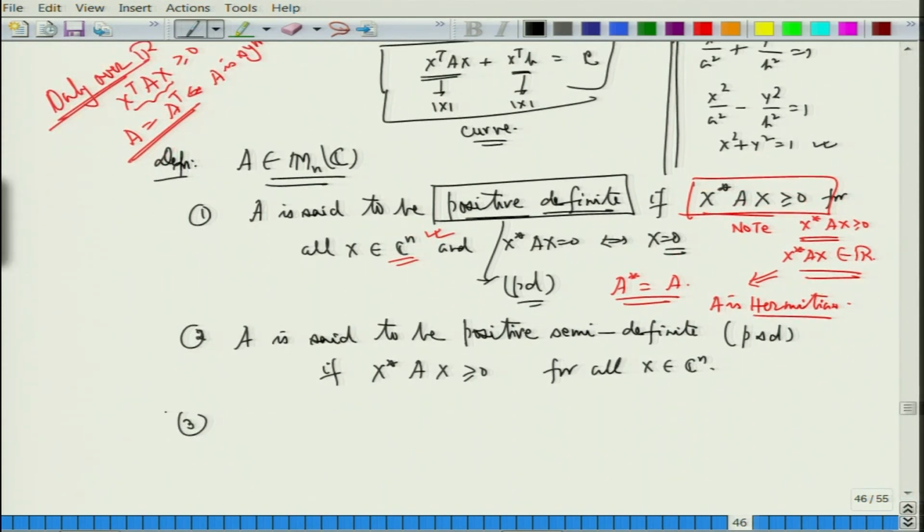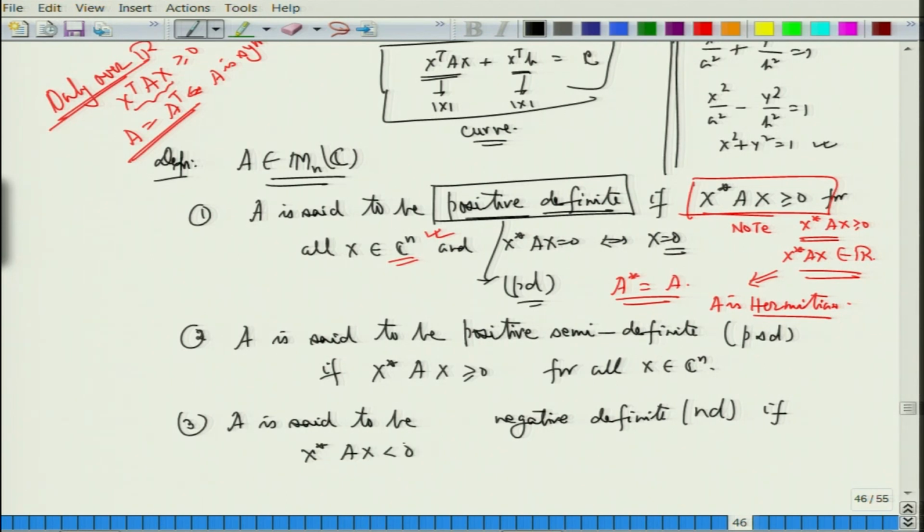Third definition. Let me write all the definitions here. A is said to be negative definite, I have used negative definite, and not the word non-negative, ND if x star Ax is less than 0 for all x belonging to Cn.